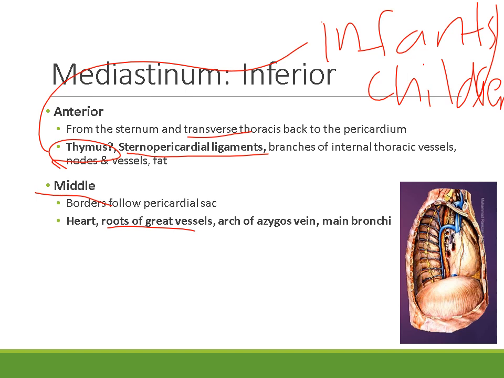So the pericardial sac goes around the heart itself and then up around the beginning of the ascending aorta, pulmonary trunk, and then the beginning part of the superior vena cava. We also do see the arch of the azygous vein, which I'll show you guys the azygous veins in a moment, as well as part of the main bronchi passing through here.